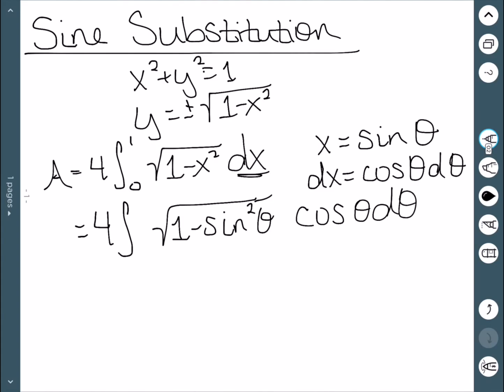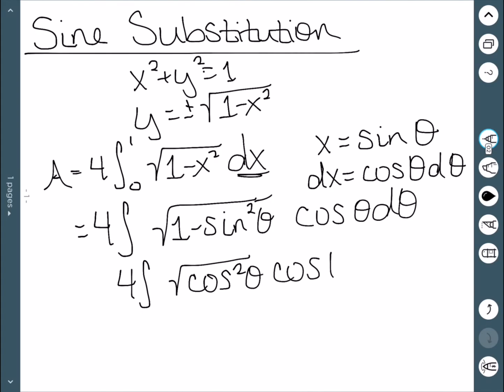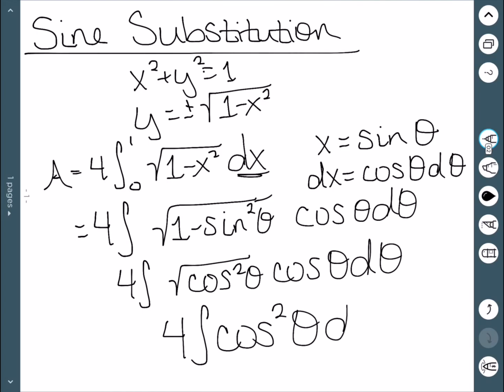I can use some trig properties and say that this is the same thing as the integral of the square root of cosine squared theta times cosine theta d theta, which is 4 times the integral of cosine squared theta d theta. And we do know how to evaluate this. So we went from an integral that we can't evaluate to something that we already know how to do.